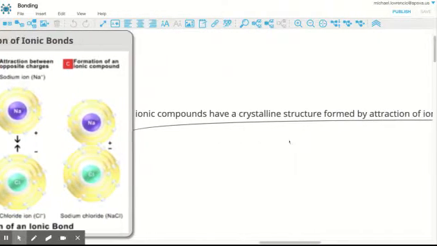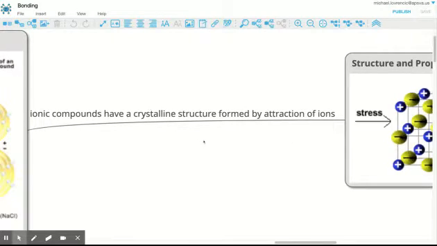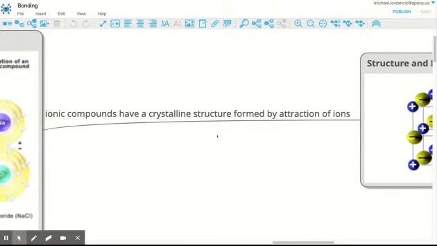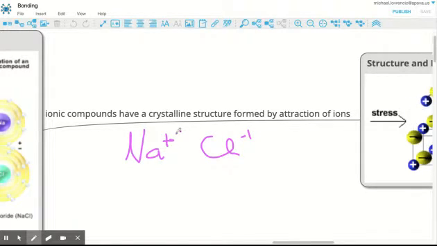So when those ions attract, they will form a crystal with ions in a ratio such that the charges balance. For the sodium ion and the chloride ion with a minus one charge, you would expect an equal number of sodium and chloride ions in a sample of sodium chloride.